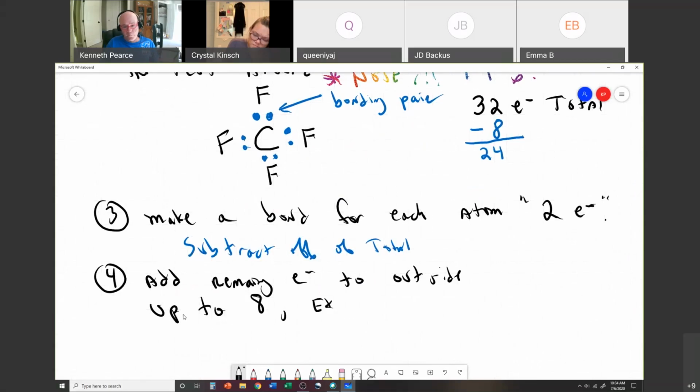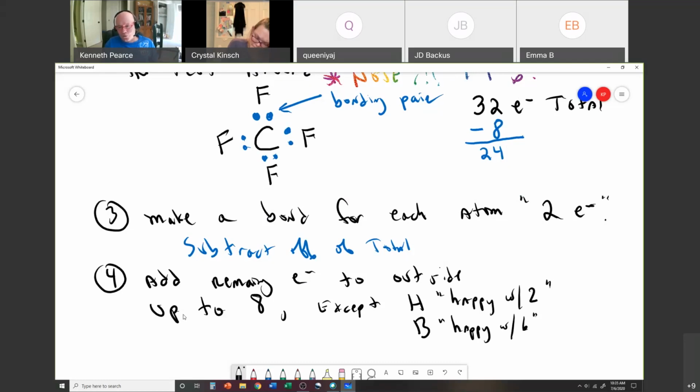Except hydrogen, which is happy with 2, and boron, which is happy with 6.